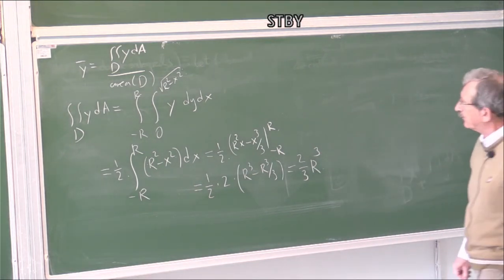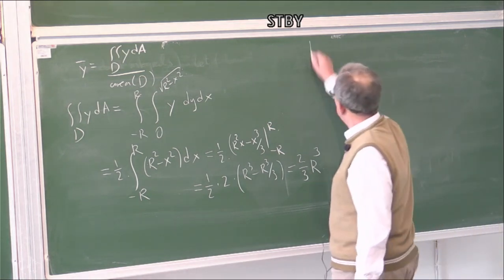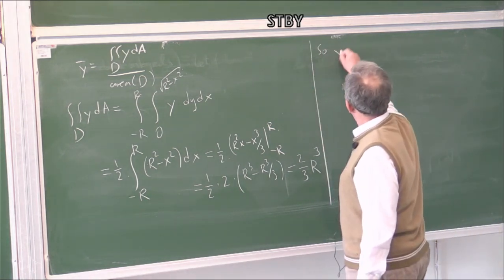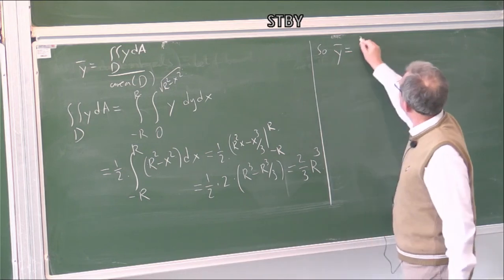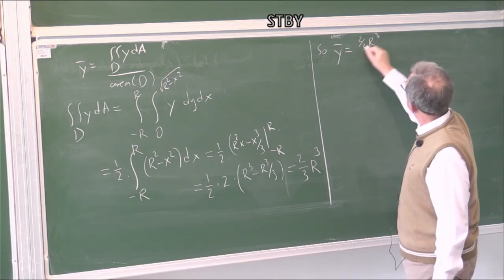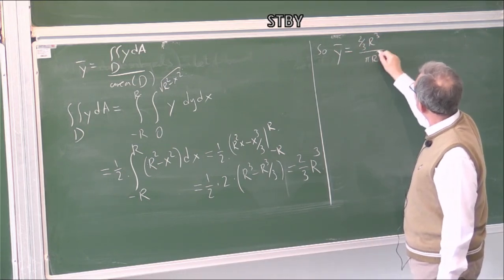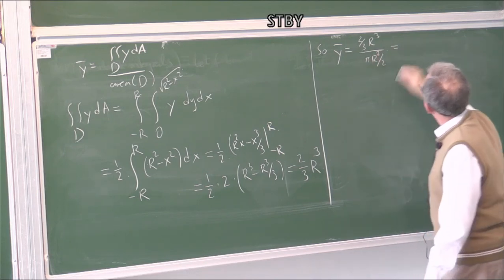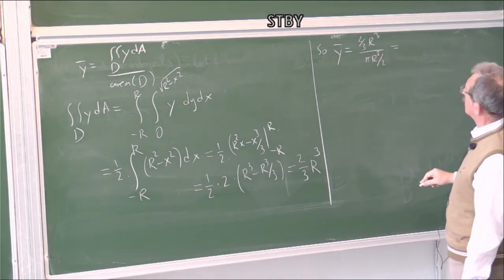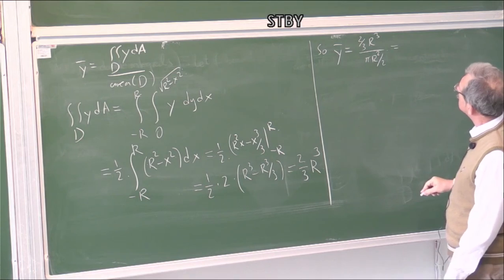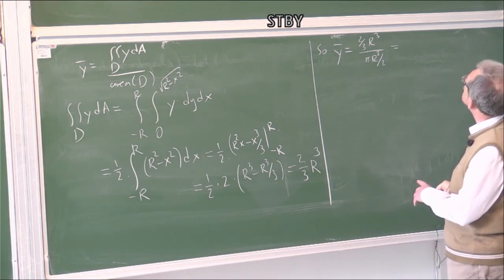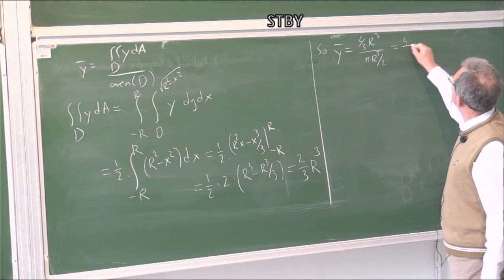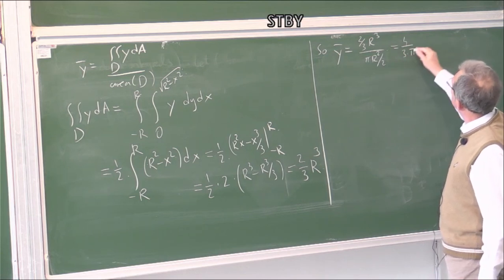Now, y bar becomes 2/3 of r cubed divided by pi r squared over 2. So it is 4/3 pi of r.